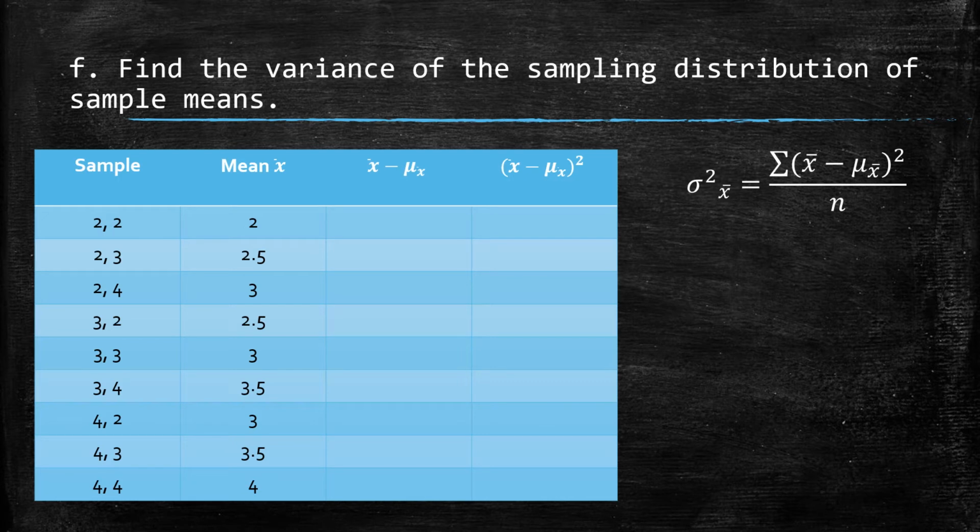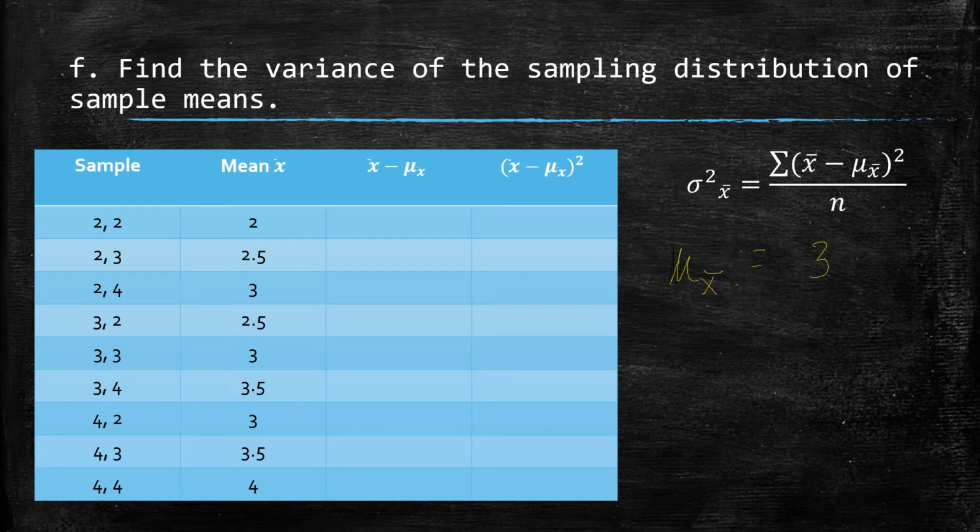So in our third column, we're going to subtract the sample mean and the mean of the sample mean. From the previous slide, we already know that the mean of the sample mean is 3. So we're just going to substitute that here.